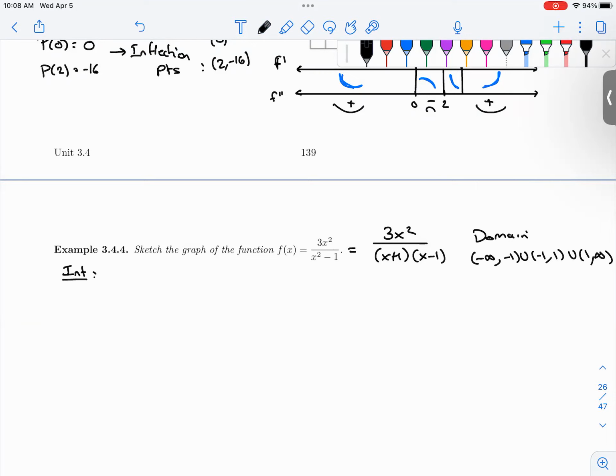Everywhere else, this function's nice and neat. Any questions on that domain? X-intercepts. We're going to set the function equal to 0 and find the x values that make that happen.